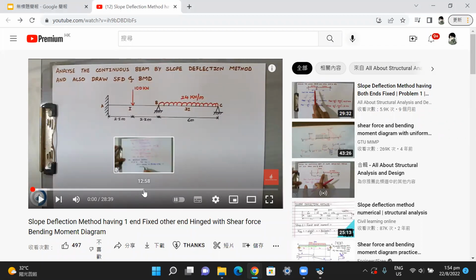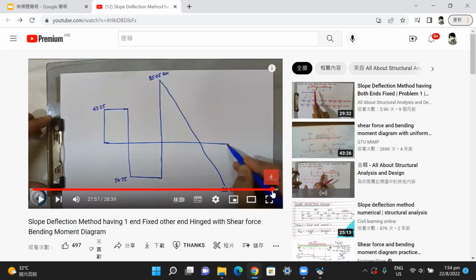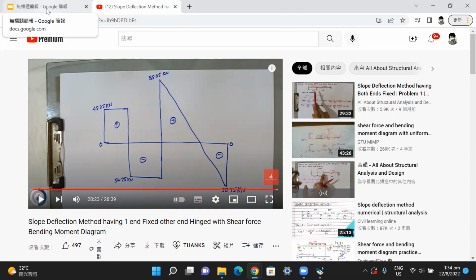It costs 28 minutes to solve this problem with a V diagram at the end. And I've solved this in a quicker and more efficient way.